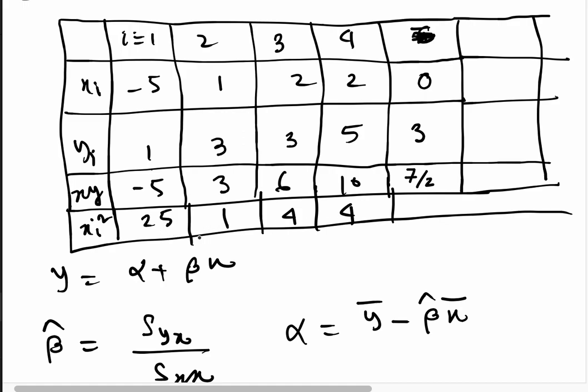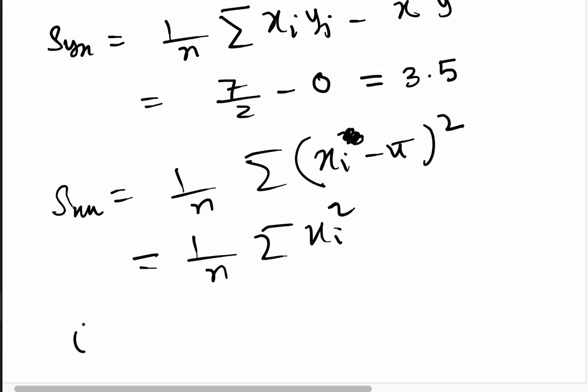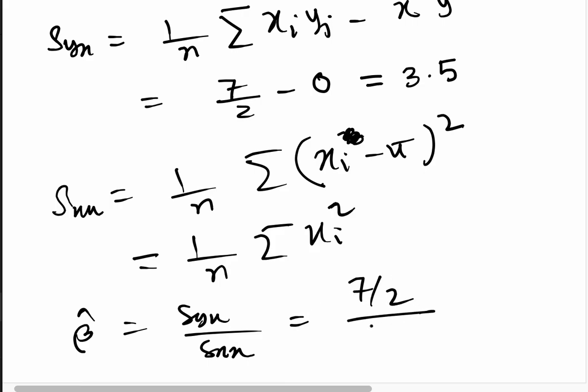So this will be 26 plus 8, 34. This is 34 by 4, which means 17 by 2. So beta cap will be syx by sxx, so 7 by 2 by 17 by 2, that will be 7 by 17.